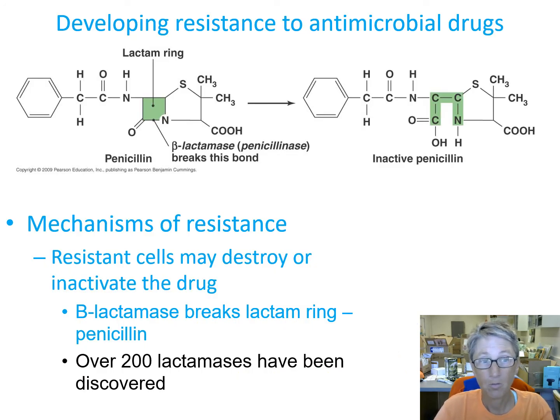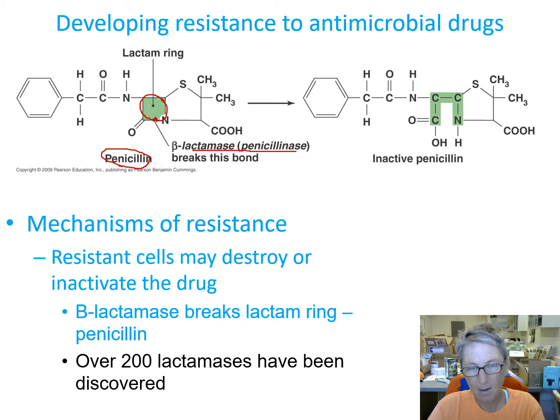Okay, so here is a cartoon of active penicillin. So it's kind of complicated. It's got this lactam ring in green, and it says here beta lactamase or penicillinase breaks this bond. And when beta lactamase or penicillinase breaks that bond, so the bond's broken here, now your penicillin is inactive.